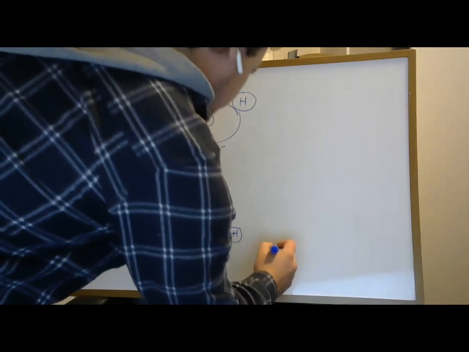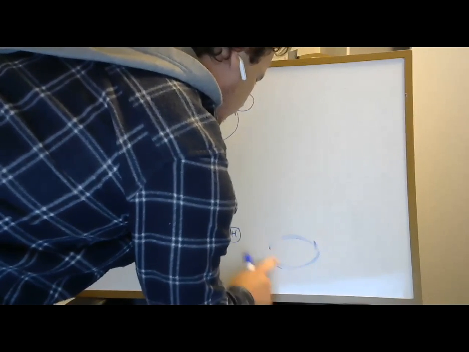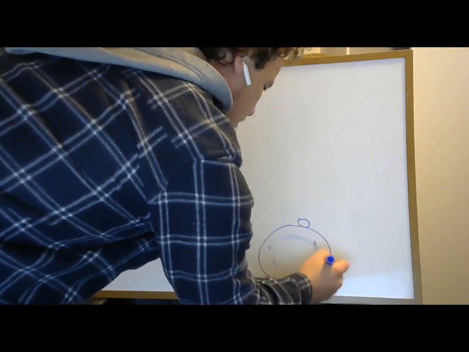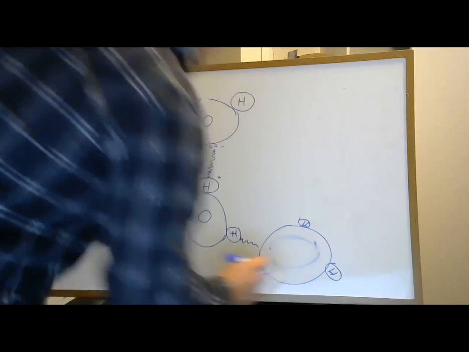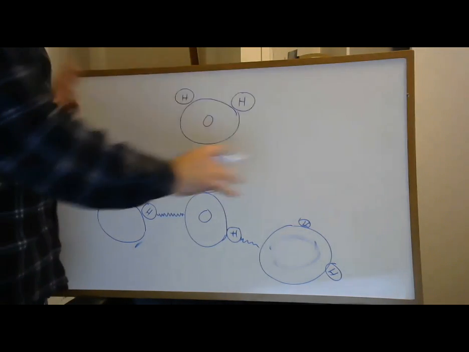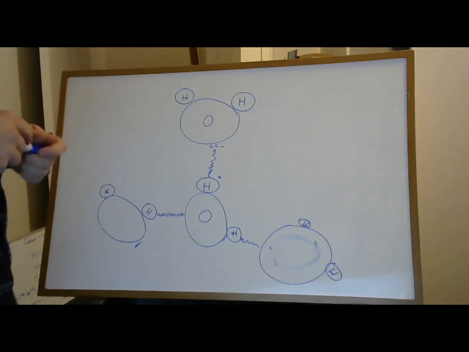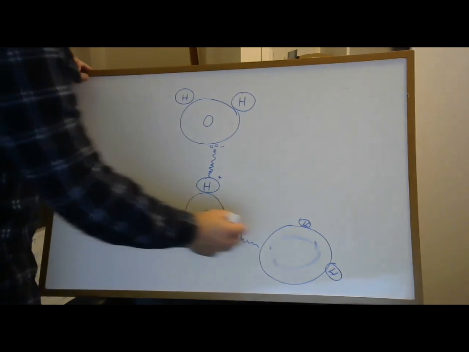So you get this tetrahedral molecule shape, and they join to other tetrahedral molecule shapes, and that's sort of what holds water together.